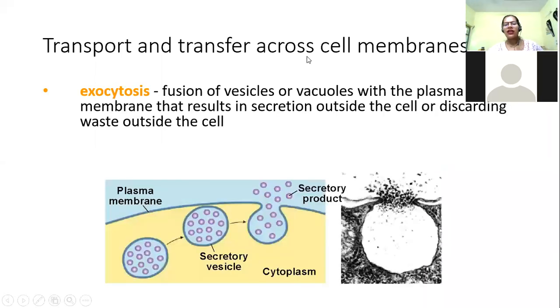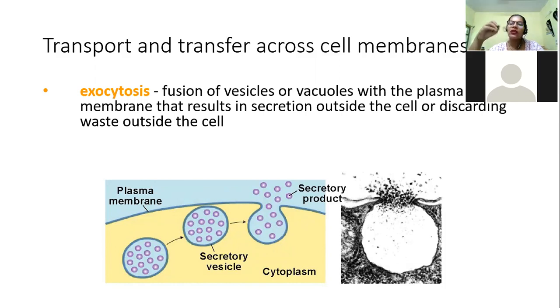So what is exocytosis? Whatever molecules are present inside the cell, we release outside into the extracellular condition. A very good example is insulin. It is synthesized, the gene is expressed, the protein is made, and it gets folded in the endoplasmic reticulum.